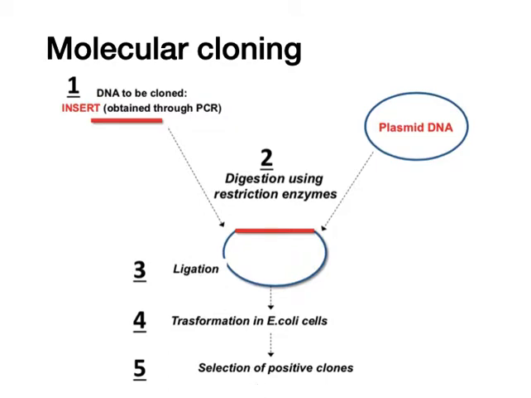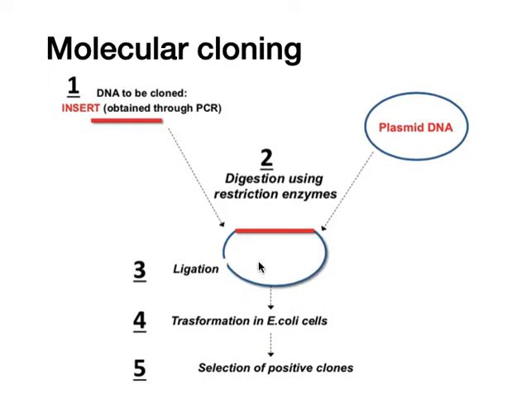After we do that, we have to digest our vector. So if the vector is circular, then we need to incorporate restriction enzymes in the vector that will cut at specific sites so that we can combine or ligate our DNA of interest to our vehicle, in this case, this vector.